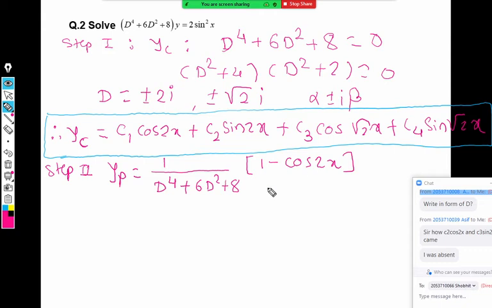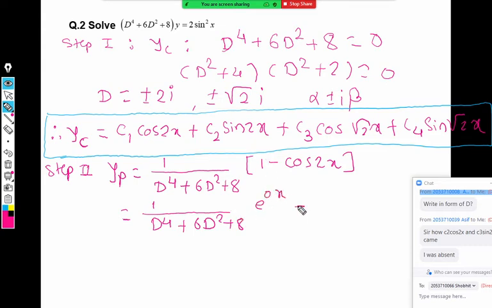Now we have to apply this operator on both. How to operate 1 upon phi d on the constant 1? Replace d by 0, because we already did this for constants. 1 can be written as e raised to 0x.